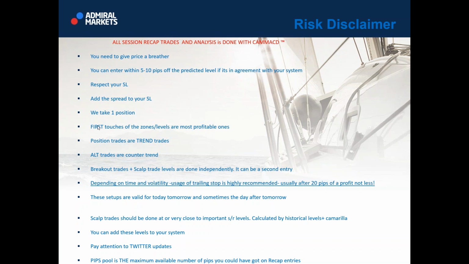We only take one position, and first touches and zones of levels are usually the most profitable ones. Position trades are called trend trades. Alternative trades are called counter trend trades. When you see in the slide, position trades and alternative trades, trend trades are position, alternative trades are usually counter trend.